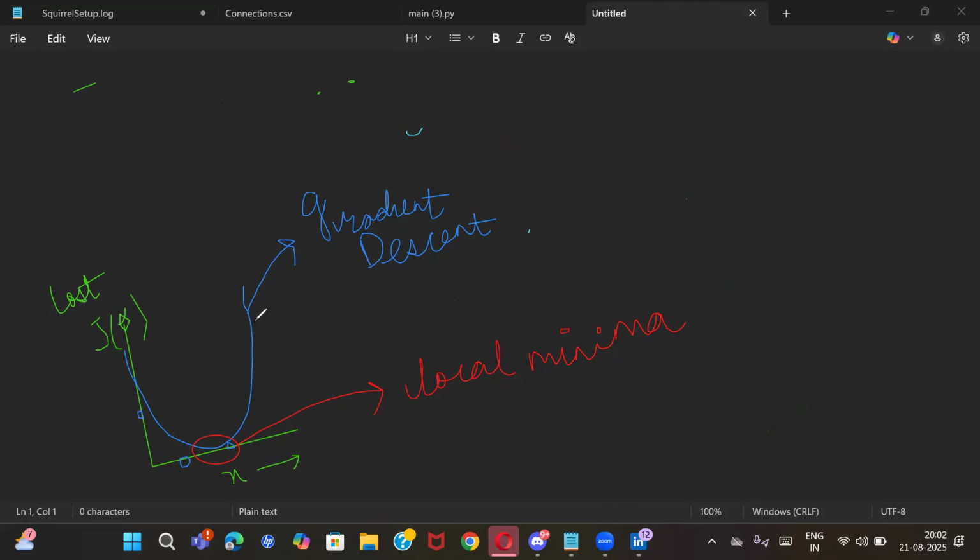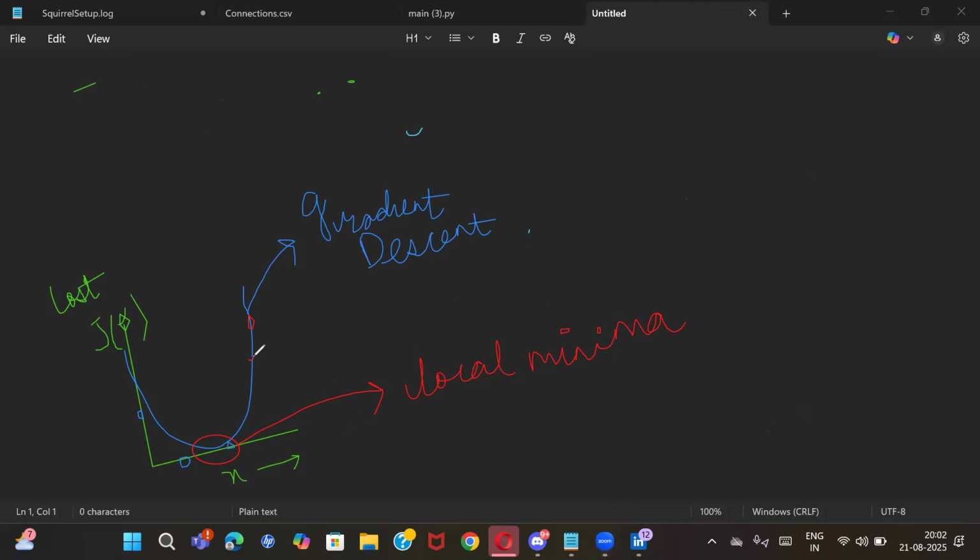Because you might get a point here, right? And that might not be the minima. So basically, what we are going to find here is the local minima.